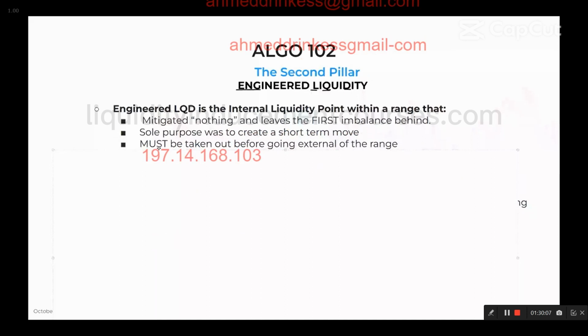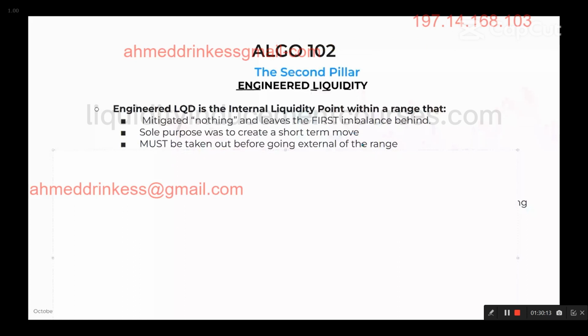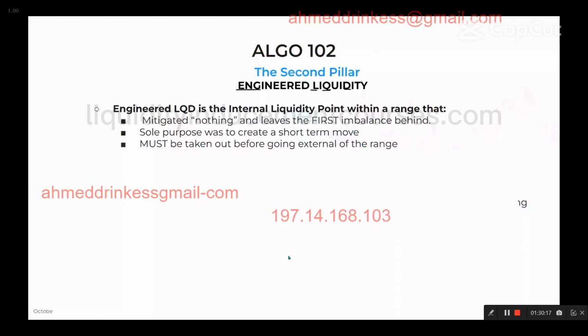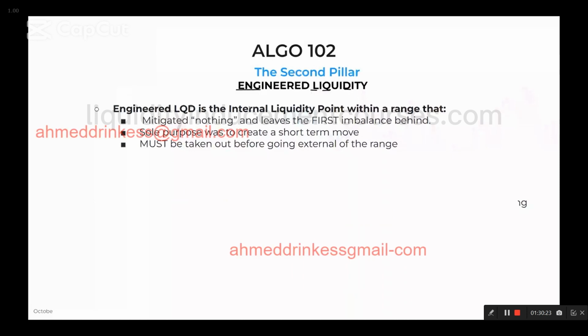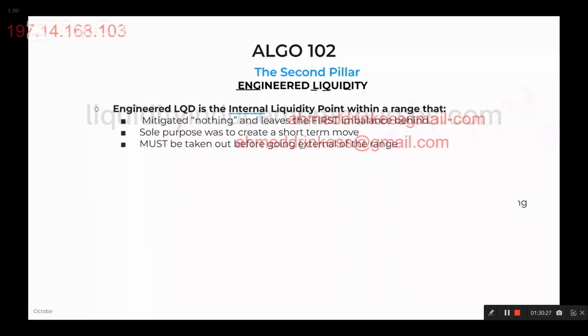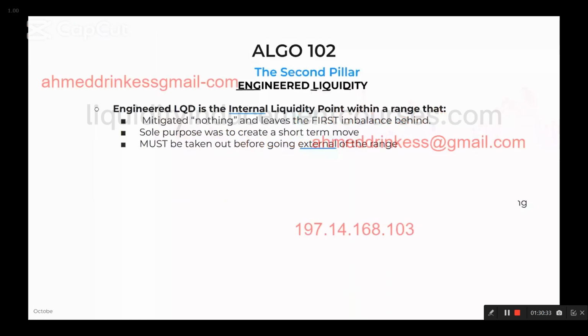This point must be taken out before going external of a range. And just make sure to make note of the specific diction: internal, external. It's the internal liquidity point that must be taken out before going external of a range.